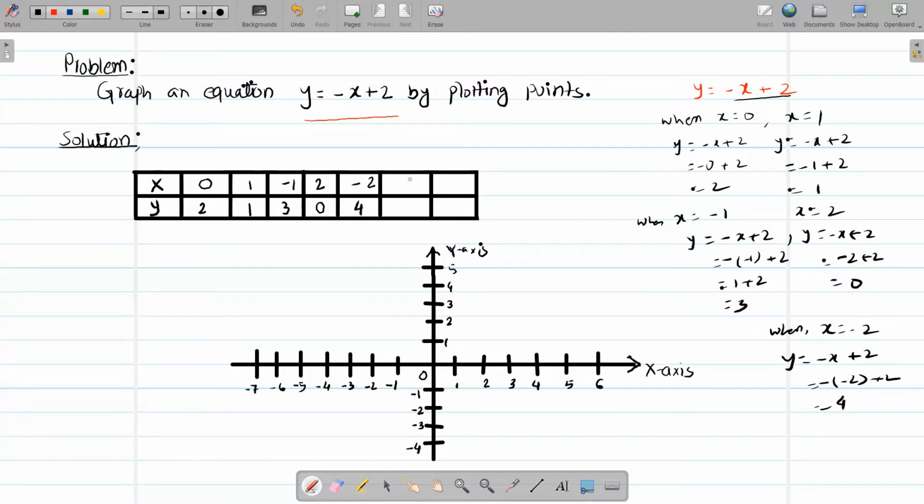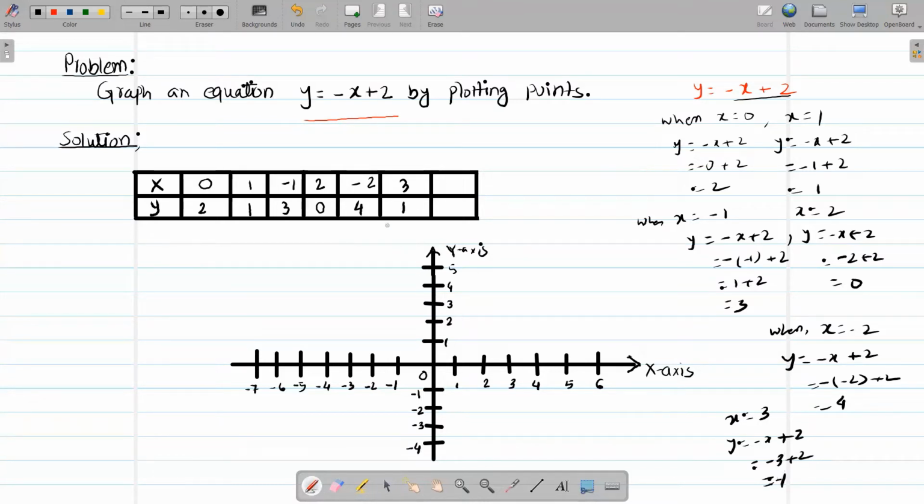Let's take two more points. 3. When x is equal to 3, y equals negative x plus 2. So negative 3 plus 2 is negative 1.